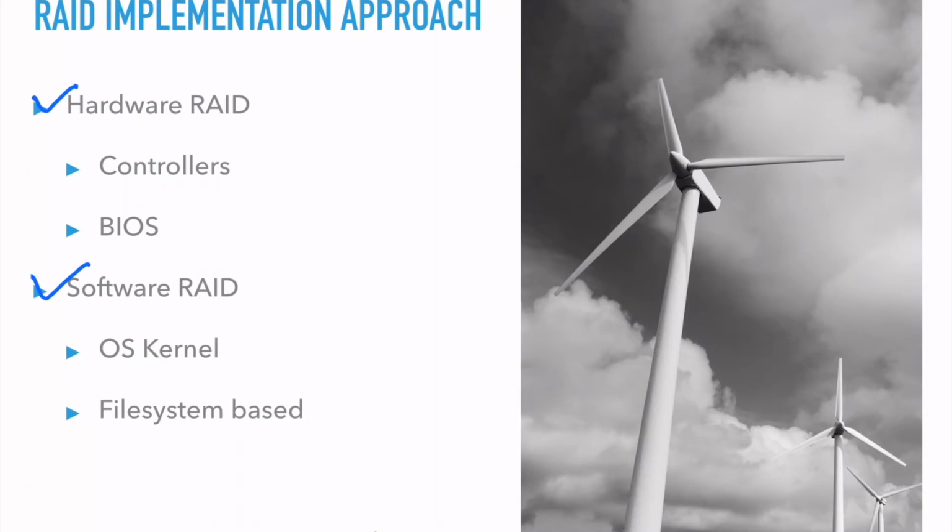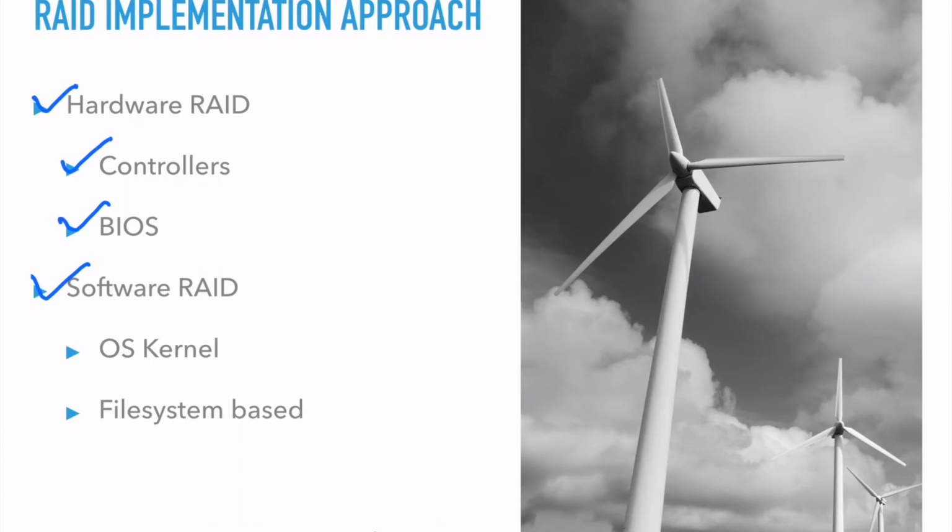Hardware RAID is normally configured at controller level, the most common way of configuring. They also come in BIOS nowadays. So if you have a workstation which needs a RAID setup, you can do it at the BIOS level depending on what kind of machine you're procuring.